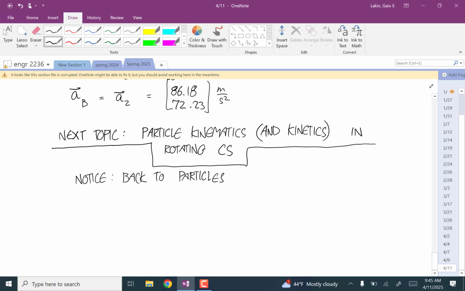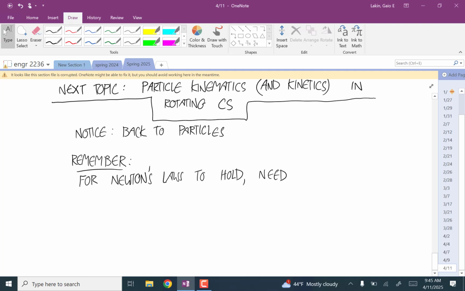And there are two ways to make a coordinate system where Newton's laws are not satisfied, okay? So remember, for Newton's laws to hold, you need an inertial coordinate system.